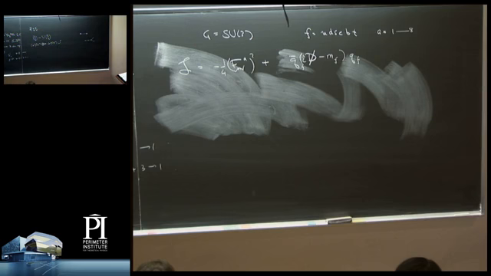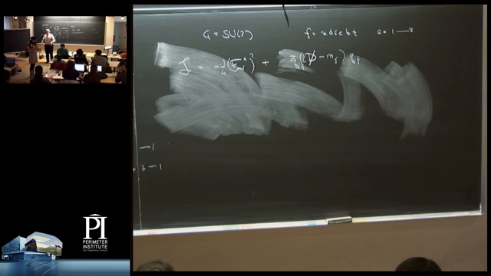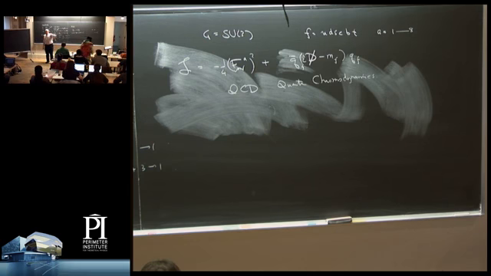So there are 2 distinct representations which are complex conjugates of each other, but which are not equivalent. The 3 colors of quark correspond to one. The 3 anticolors of antiquark correspond to the other. In SO3, those 2 representations become equivalent.